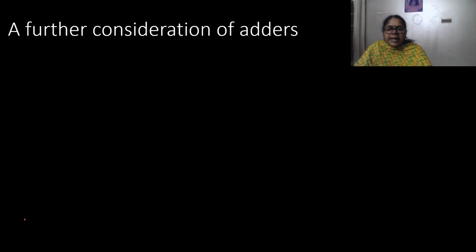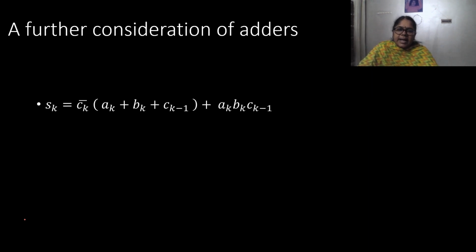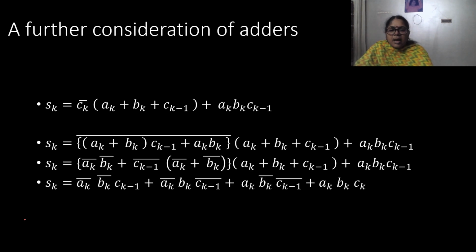Now, I had told you that S can be written as new carry whole bar into (A + B + Ck-1), that is previous carry, plus A B Ck-1. Now we can prove this by substituting the value of C as (A + B) into Ck-1 + AB.